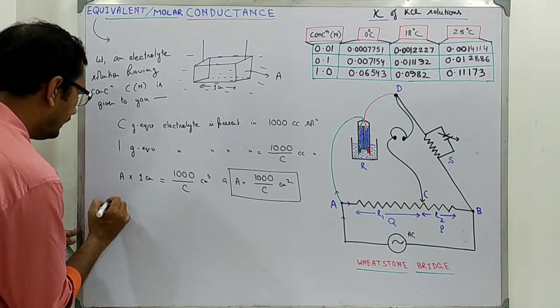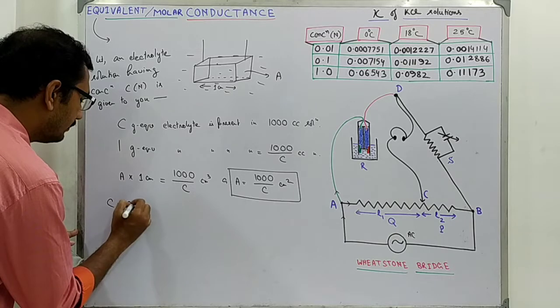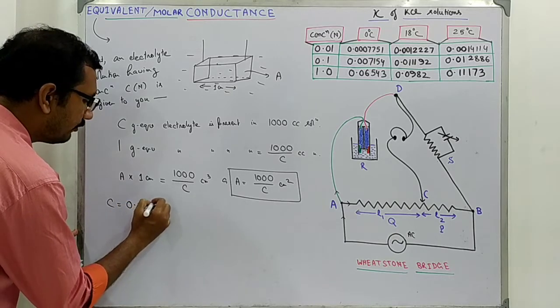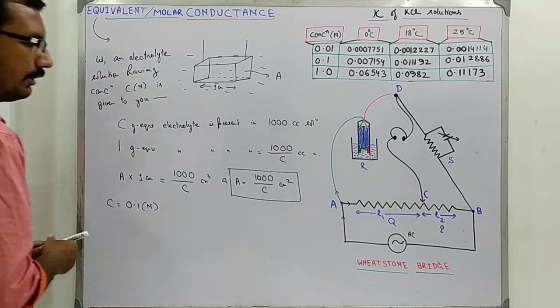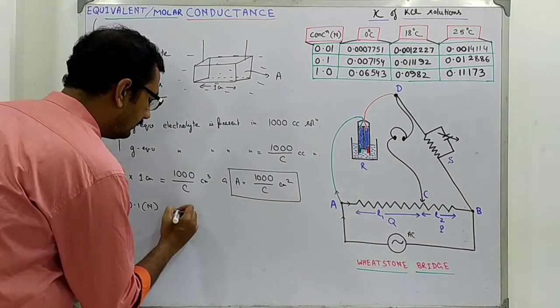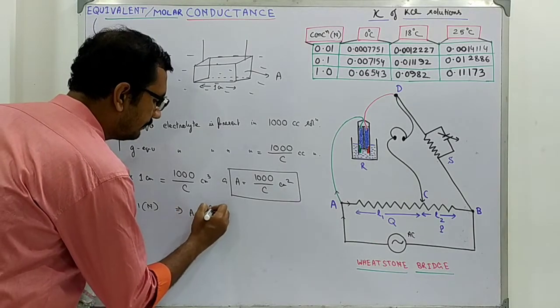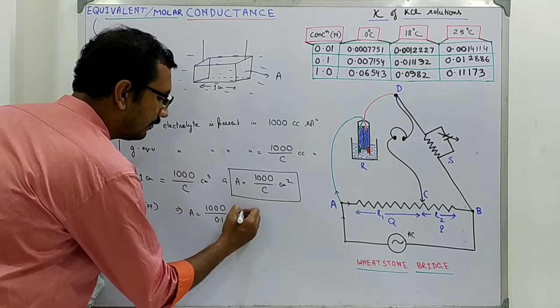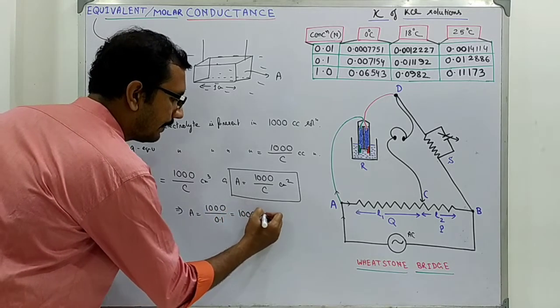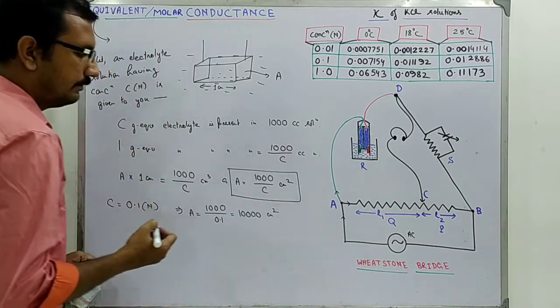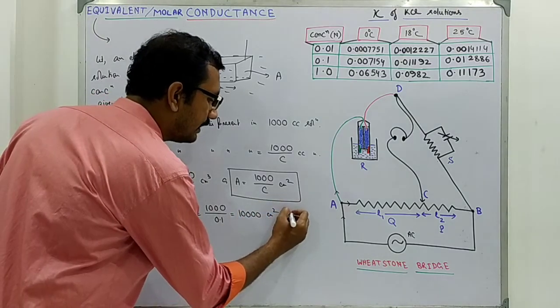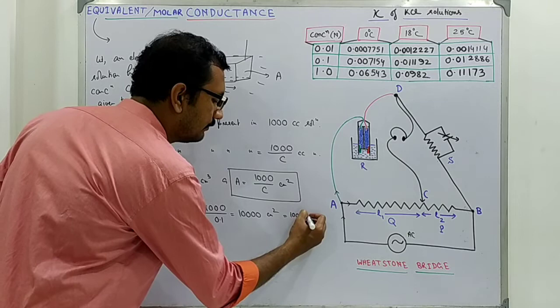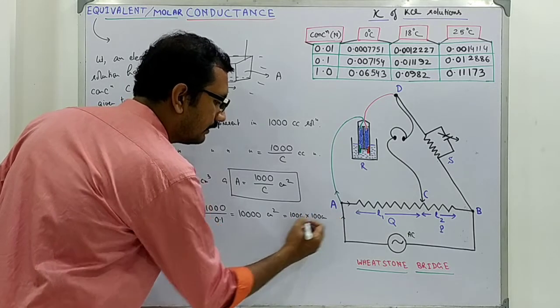Now, if they give you 0.1 normal electrolyte solution, then what will be the surface area of the electrode? Then A will be 1000 by 0.1 equals 10,000 centimeter square. Now, it can be represented as 100 centimeter into 100 centimeter.